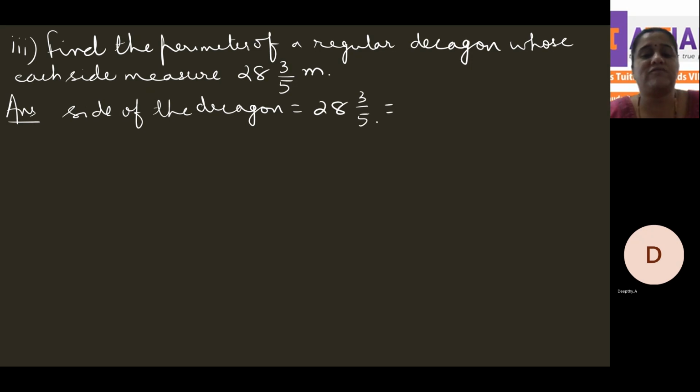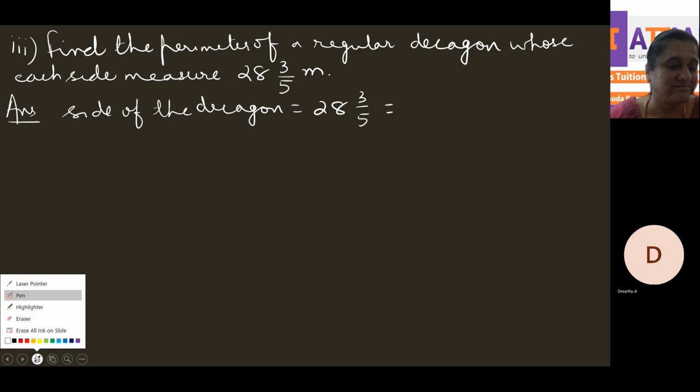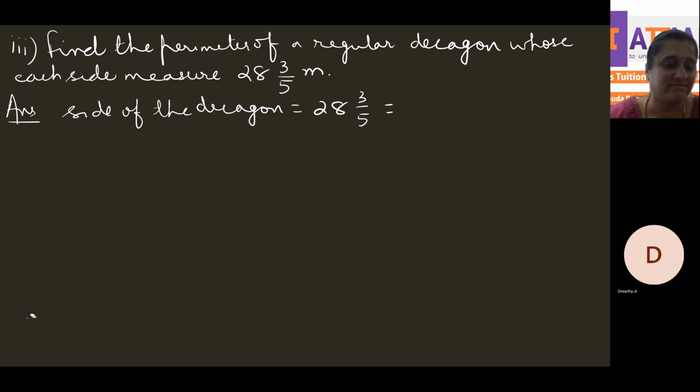Convert this to an improper fraction and tell me the value. No, but not LCM. 28 into 5 plus 3.